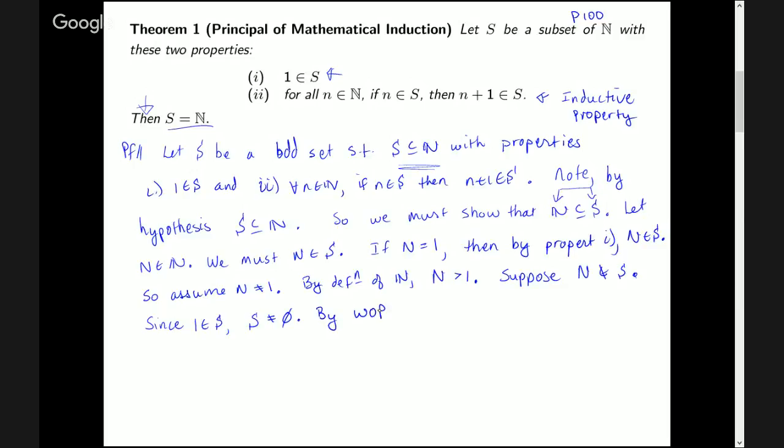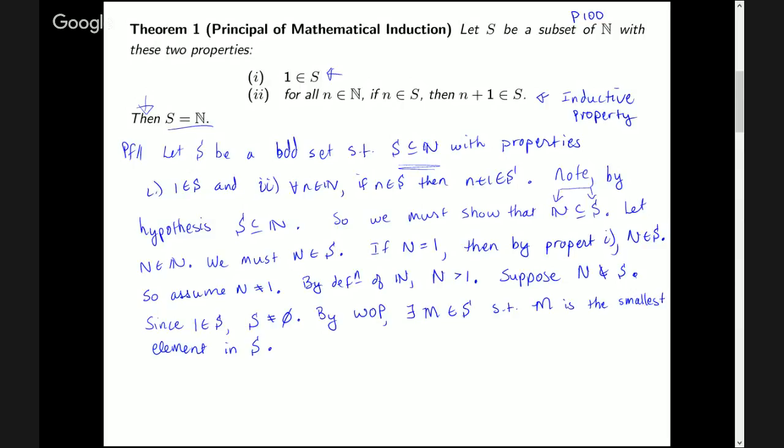By the well ordering property, I know that there's a smallest element in S. I'm going to call this, I don't know, an M. So our M is the smallest element in S.